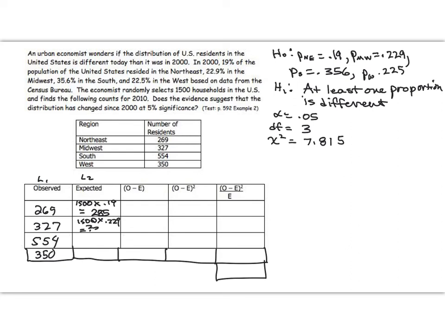So this one is not an exact number, 343.5. And then 1500 times 0.356 gives me 534. And then the last one, 1500 times 0.225 is a value of 337.5.